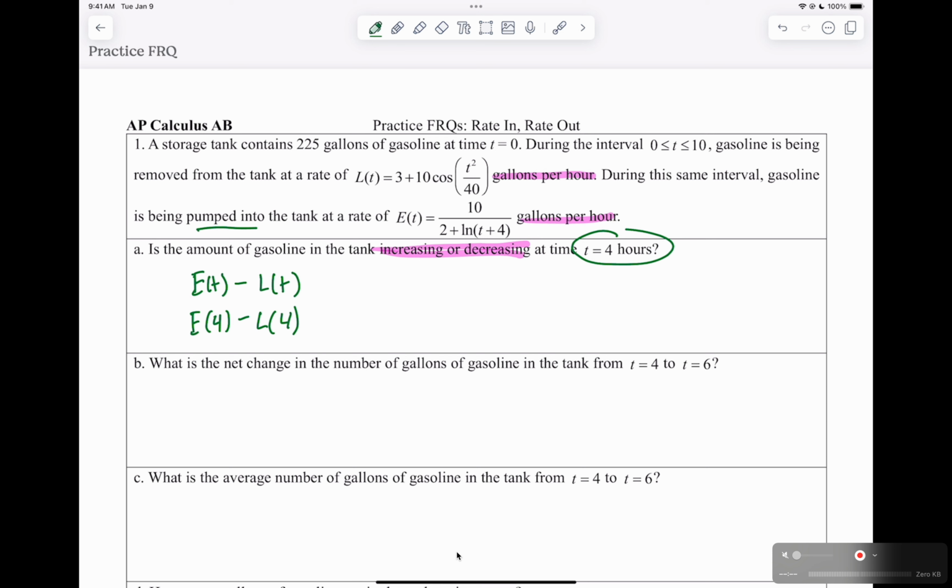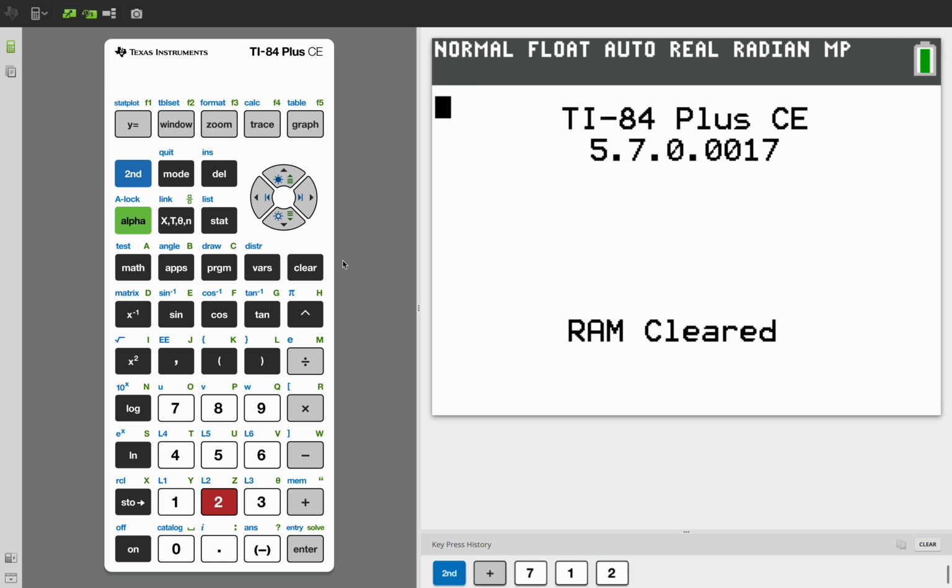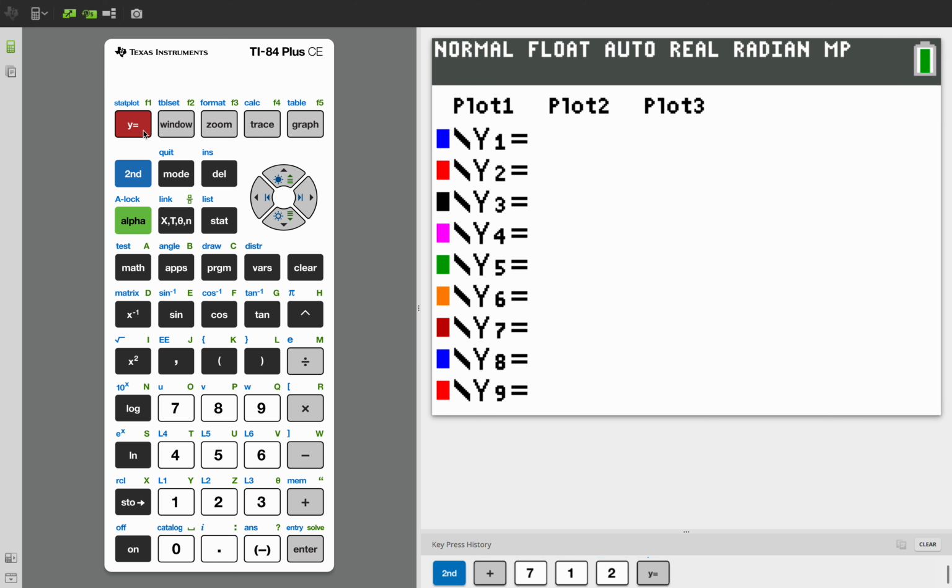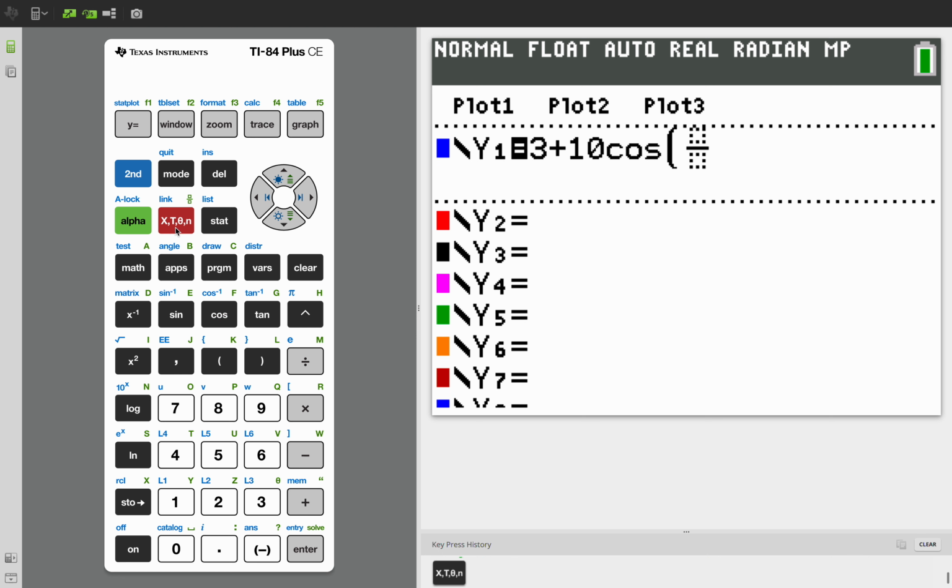Okay, so this is the part where we are going to play the game of put this into the calculator. There is a specific way that I want you guys to put this into the calculator. Go to y equals, and type this in. For y1, I'm going to have 3 plus 10 cosine of x squared over 40.